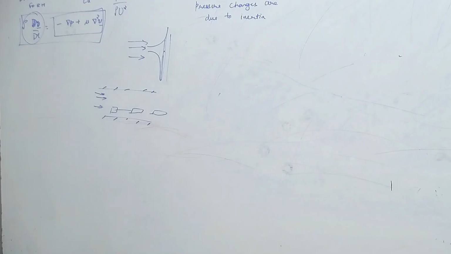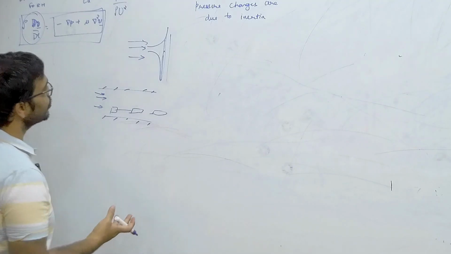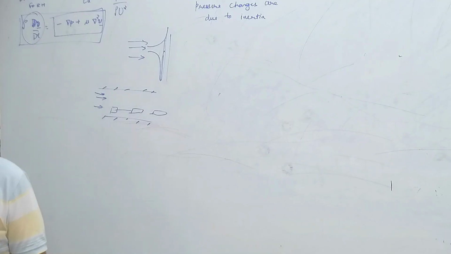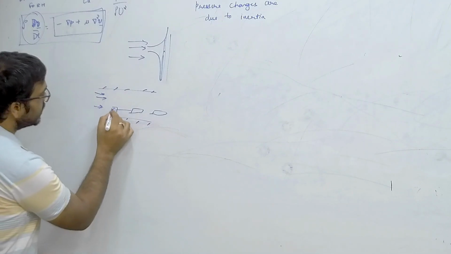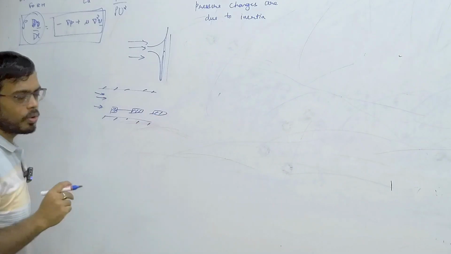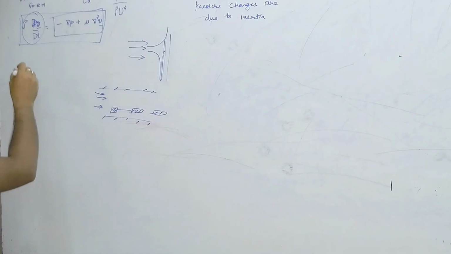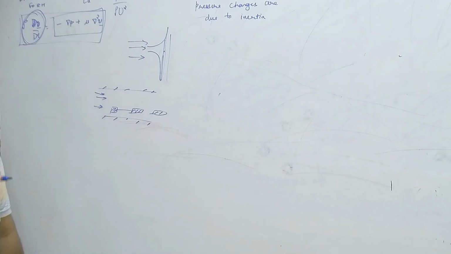So, the inertia of the fluid particle plays no role. So, usually Stokes flows or low Reynolds number flows are also termed non inertial flows or inertia less flows in some textbooks. The idea is to emphasize that the inertial terms play no role. The forces are balanced. There is no acceleration of the fluid particle.